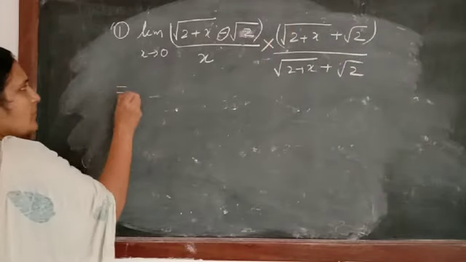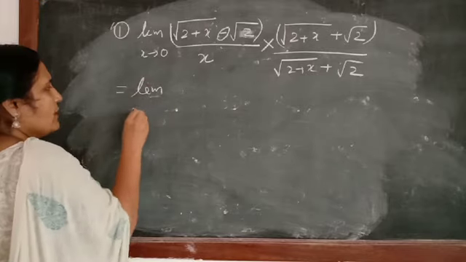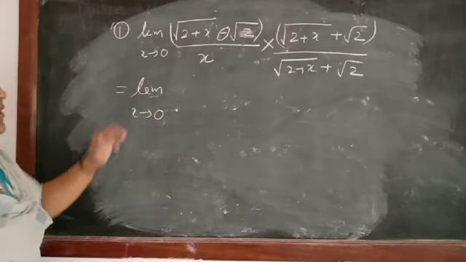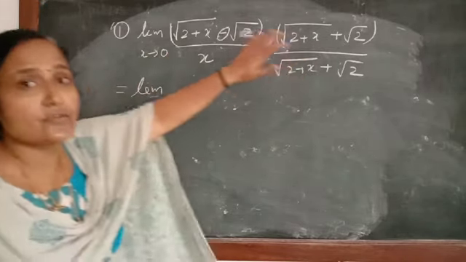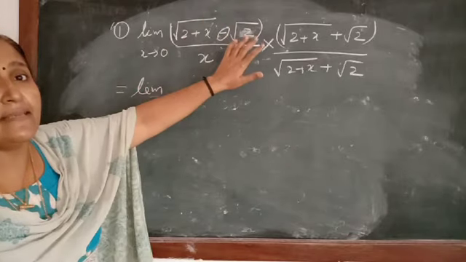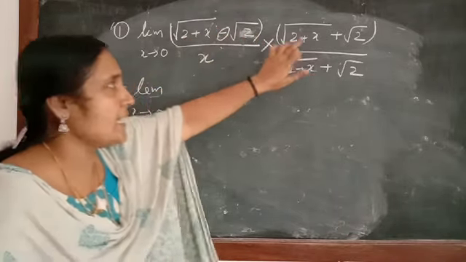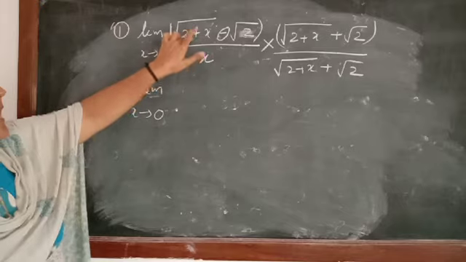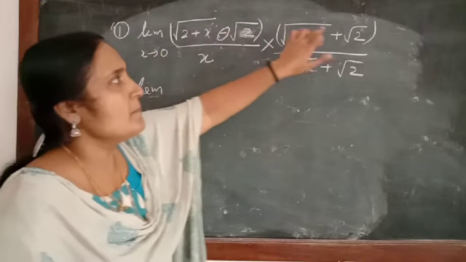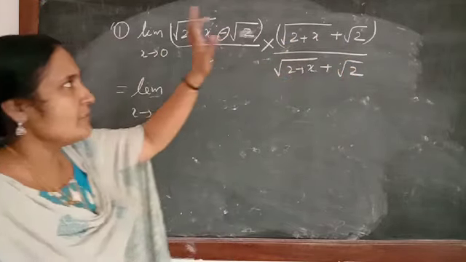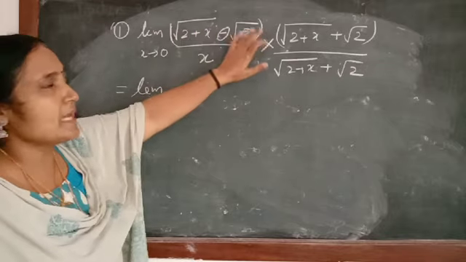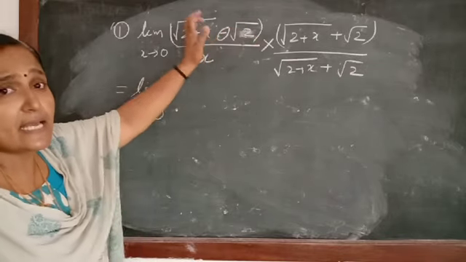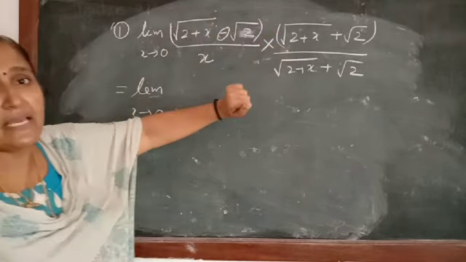Okay. So now next step is why we are changing the sign there. We are changing the sign so that we can use the identity. When we will change the sign, it will come in the form of a minus b into a plus b. So if it can be written in this form, then we can use the identity, that is a square minus b square.